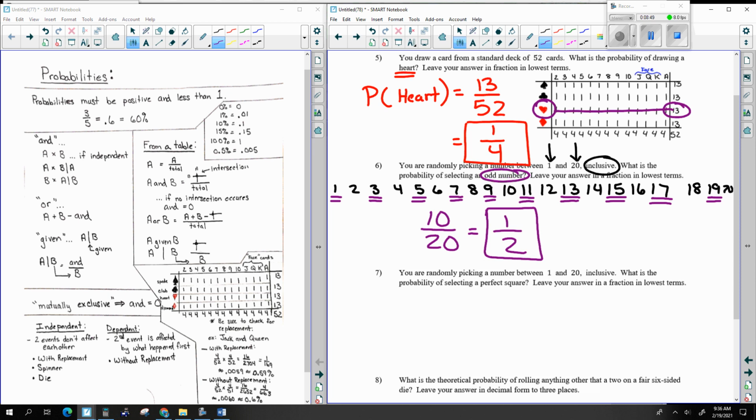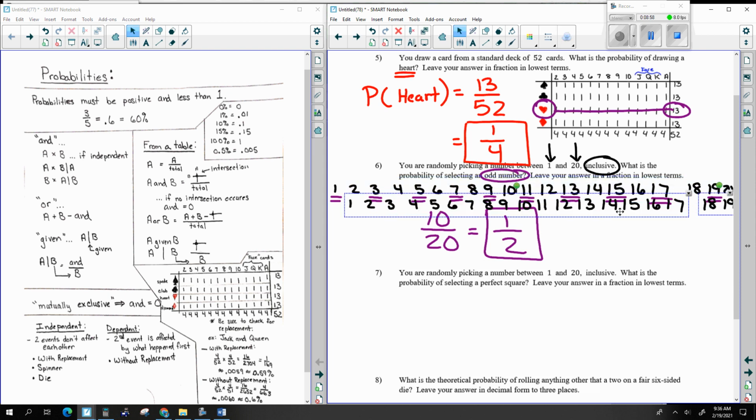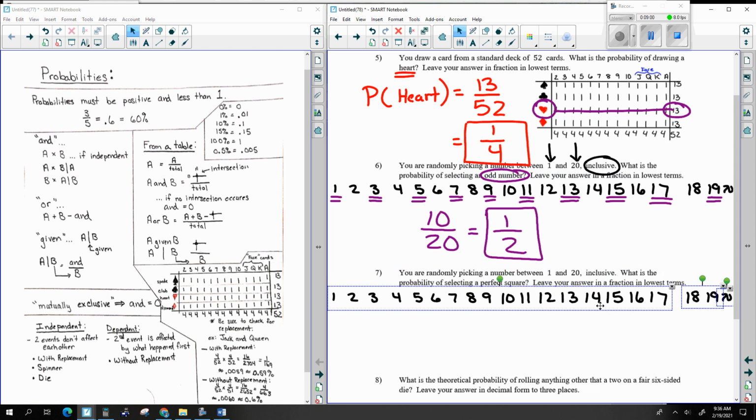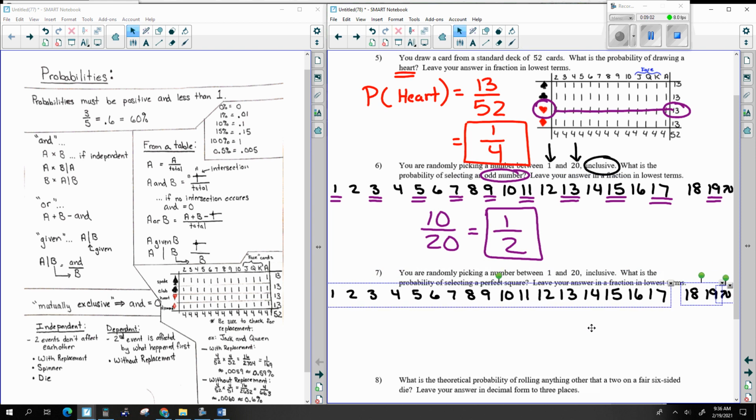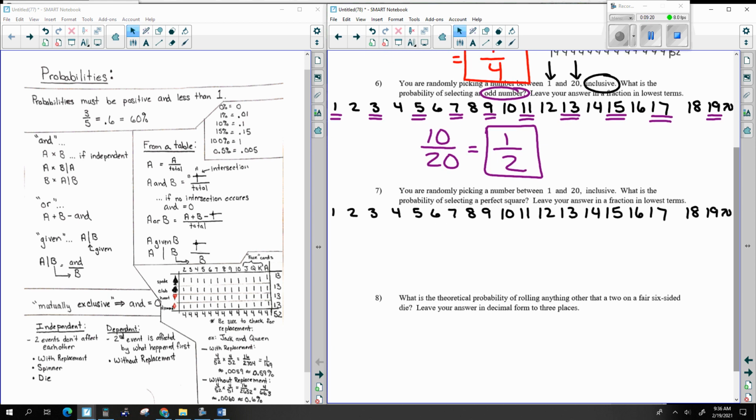Okay, so again, we are picking a number 1 through 20. All right, what is the probability of getting a perfect square?